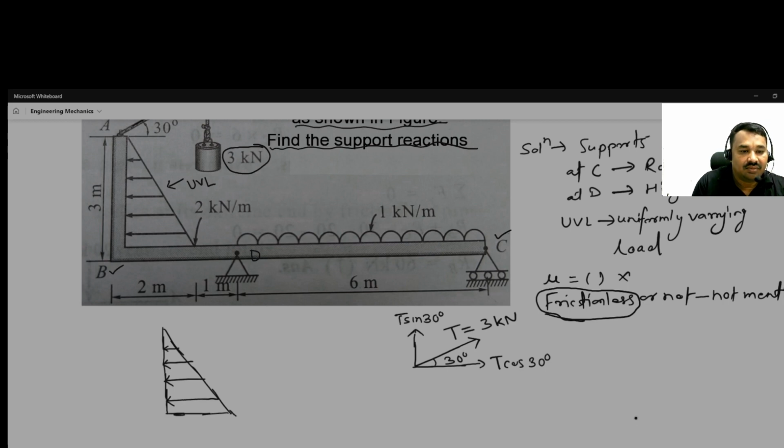Okay, and what about the length where this load is acting? So it is 3 meter. And what about intensity? So this is the maximum intensity of the load, 2 kilonewton per meter.